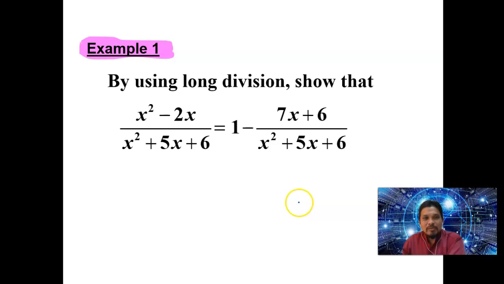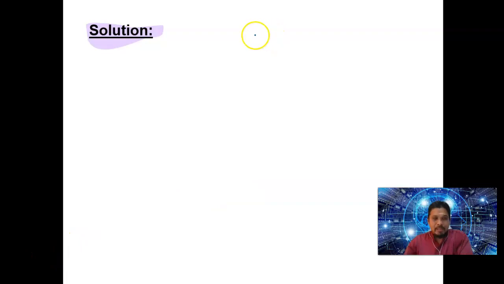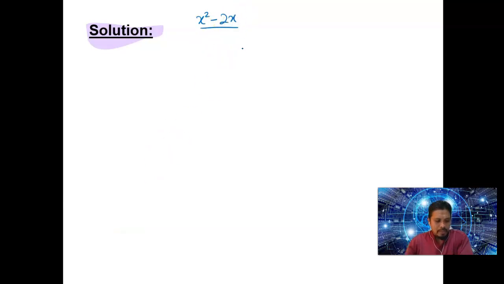Now, using long division, show how to express x squared minus 2x divided by x squared plus 5x plus 6 as a partial fraction. I rewrite the question here. We use long division on x squared minus 2x, assuming there is a plus 0 here, divided by x squared plus 5x plus 6.